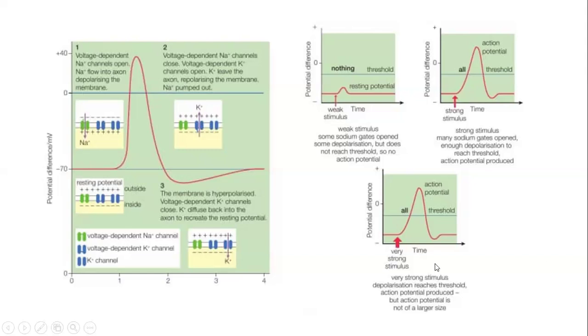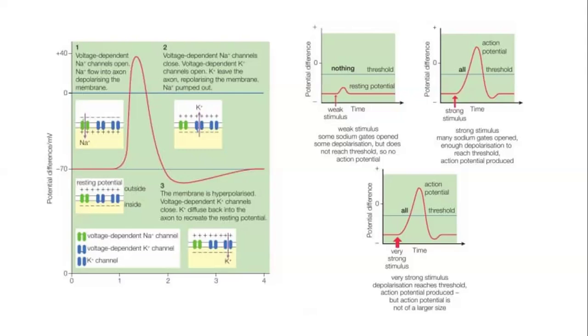Now here also, if there is a very strong stimulus, there also an action potential is generated, and the action potential will not be of a larger size. It is saying like that for a very strong stimulus. Right, now can you tell me why, in a very strong stimulus, the action potential size is not large?